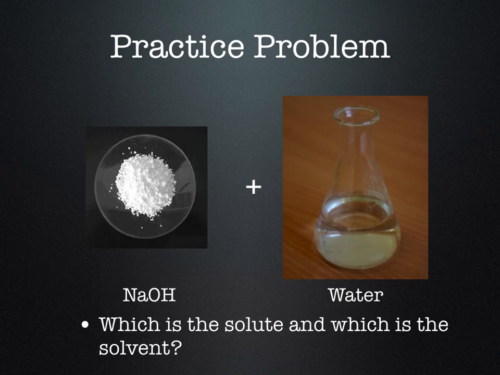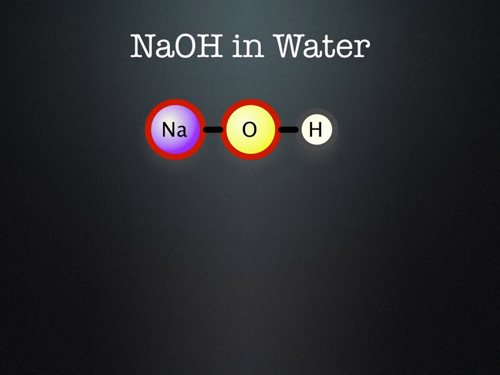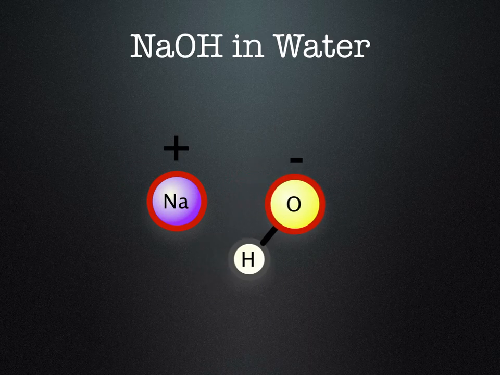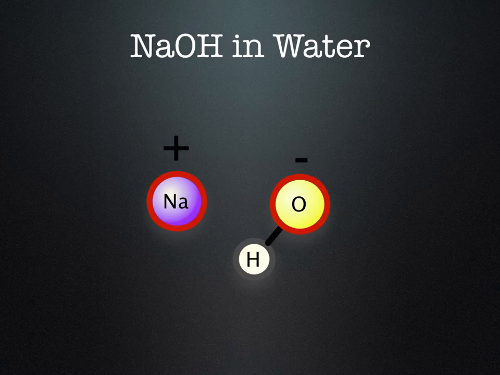That's right, NaOH is our solute and water is our solvent. Here's an example of how that might play out. Notice that now we have a hydroxide ion and a sodium ion left over.